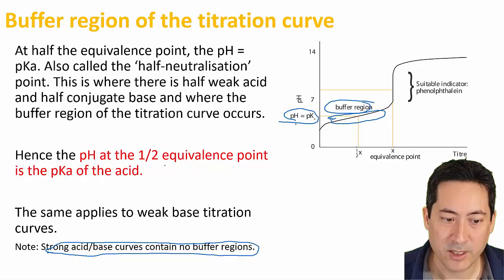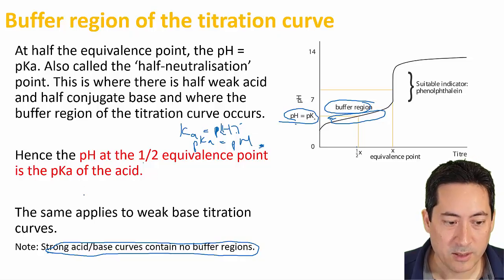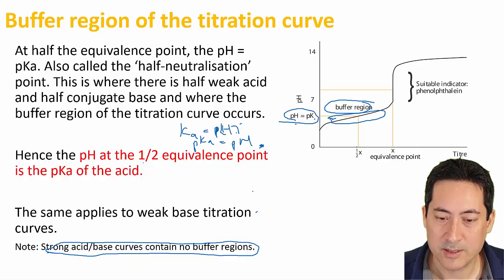And so basically, if you know the half equivalence point, the pH at the half equivalence point will be the pKa, because the acid and conjugate base are equal, and therefore the acid dissociation constant will end up working out to equal the hydrogen ion concentration, I should say, and then take the negative logs of those, as in the previous video. And so this all applies to a weak base, strong acid curve, which is coming up in the next slide as well.